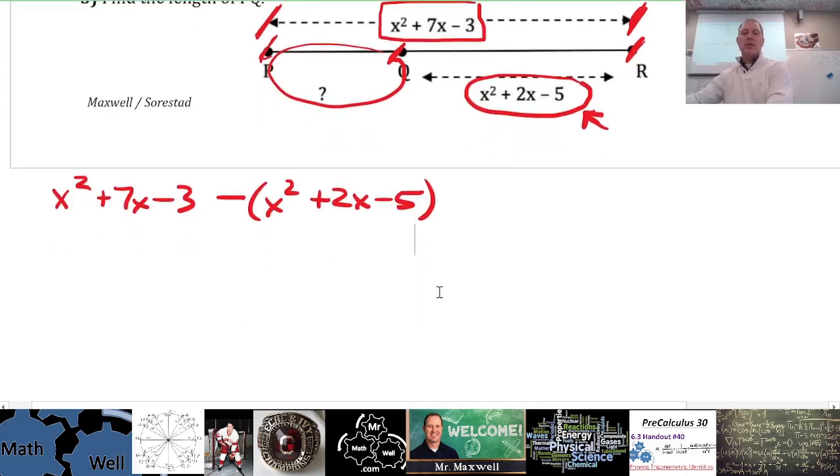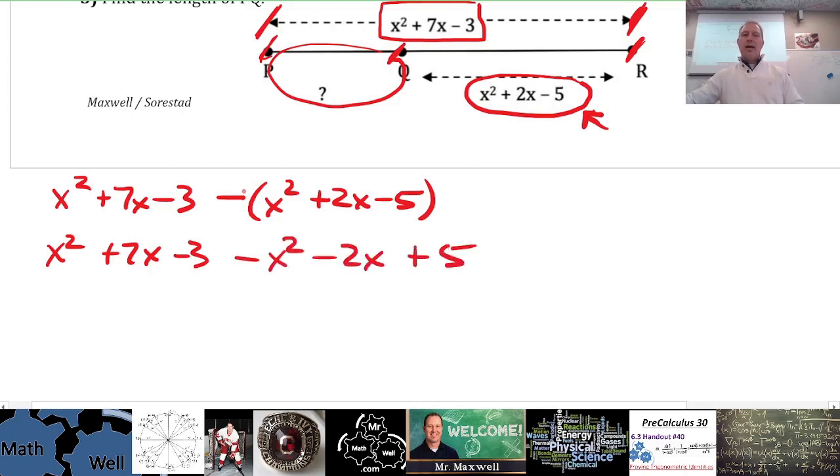I'm going to go fast on this one. I'm not going to be pausing and stopping and explaining as much on this one. So here's what you'd want to do. You do x squared plus 7x minus x squared minus 2x plus 5. Notice I just switched all the signs of everything in here and treated it like I was adding them. Okay? x squared minus x squared is 0x squared.